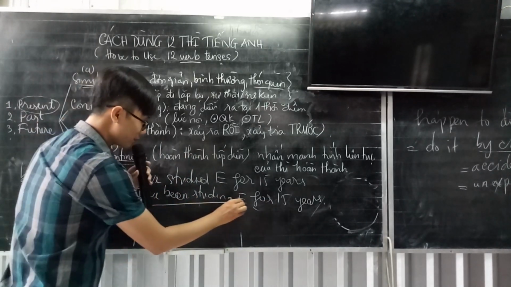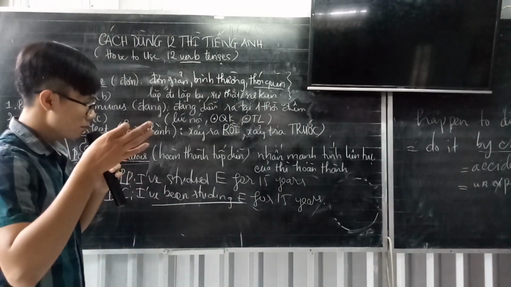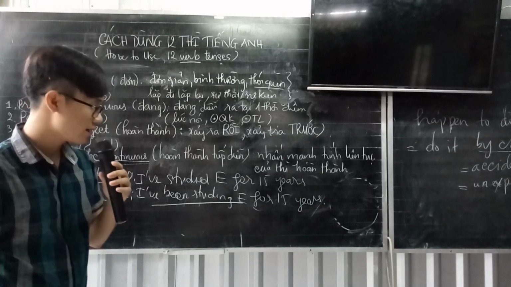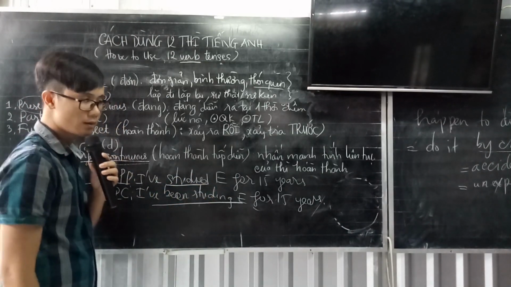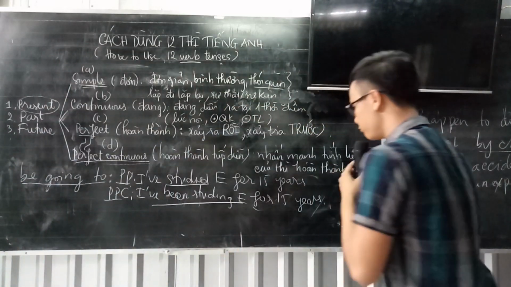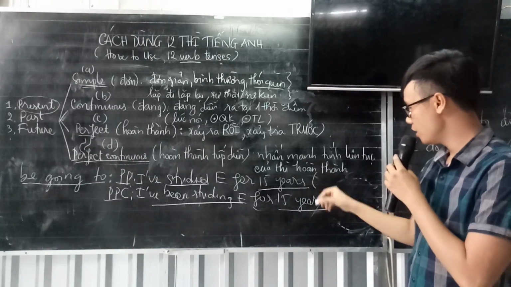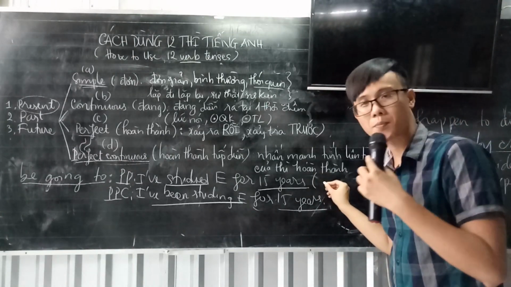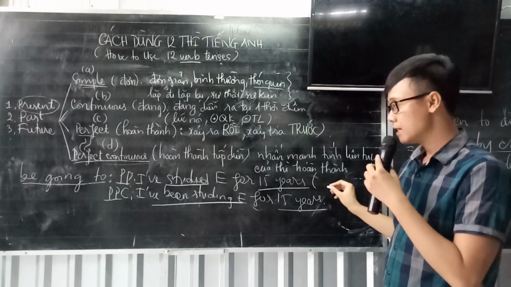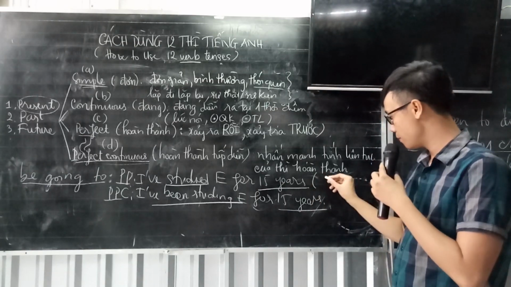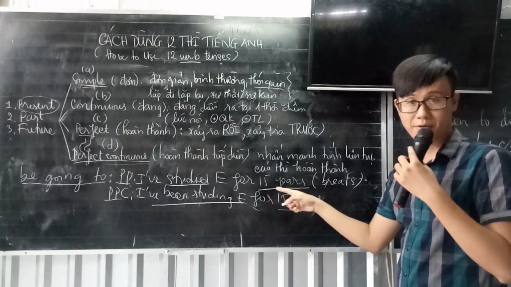This action has happened less continuously compared with this action. Like in 15 years, here you may take a short break, take a short breath in this period. You have breaks in this period.